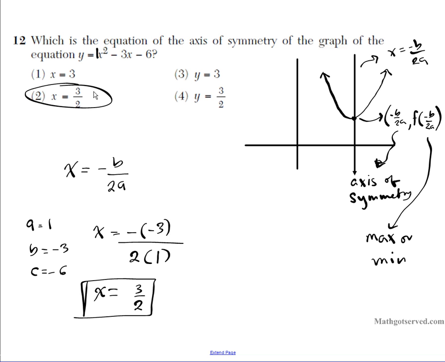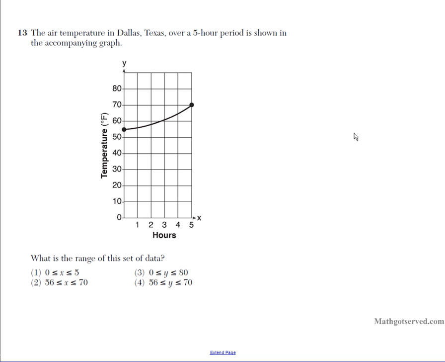All right. Now let's move on. Number 13, it says, what is the range of a set of data? Remember, range is the vertical spread, okay?